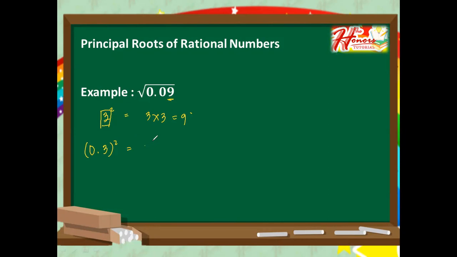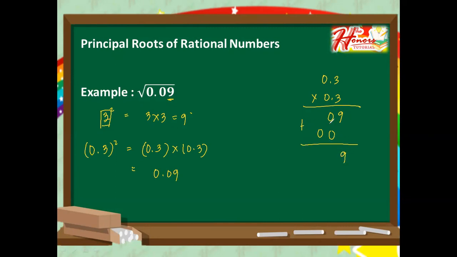You can use the long method for multiplication to solve for it. So this is 0.3 times 0.3. So this is equal to 0.09. I will show you how. 0.3 times 0.3. 3 times 3 is 9. 3 times 0 is 0. 0 times 3 is 0. 0 times 0 is 0. And then add. Bring down 9. 0 plus 0 is 0. Bring down 0.